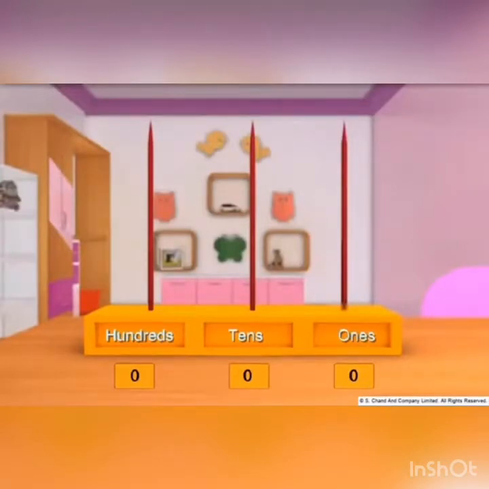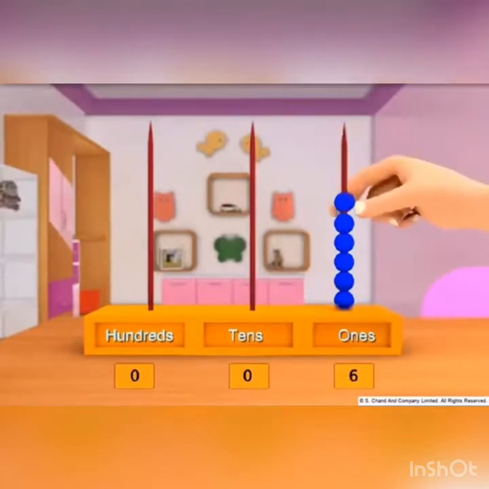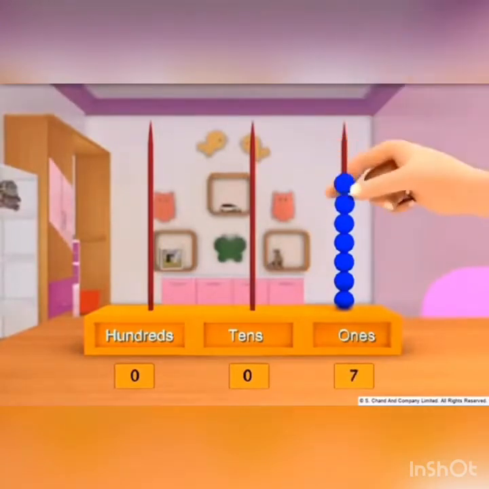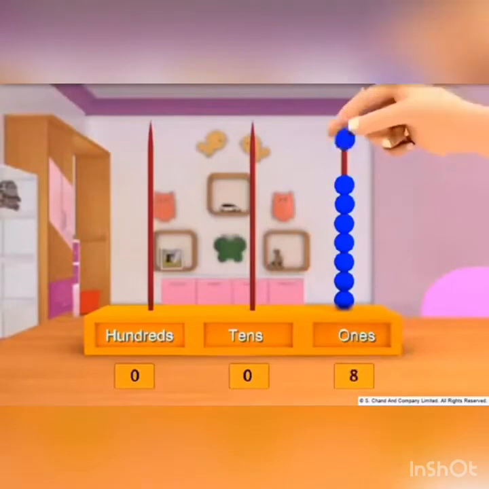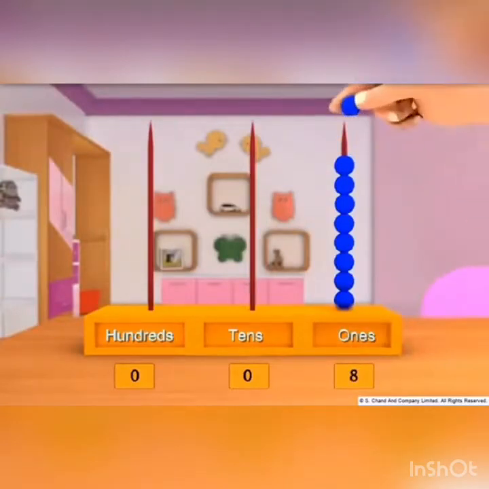So, using 1 to 9 beads at the ones place, we can represent the numbers 1, 2, 3, 4, 5, 6, 7, 8 and 9.